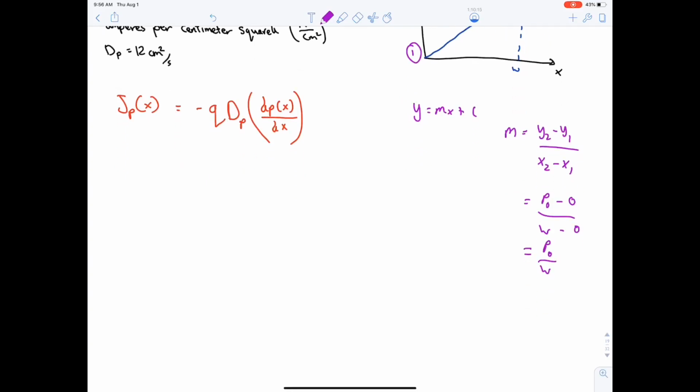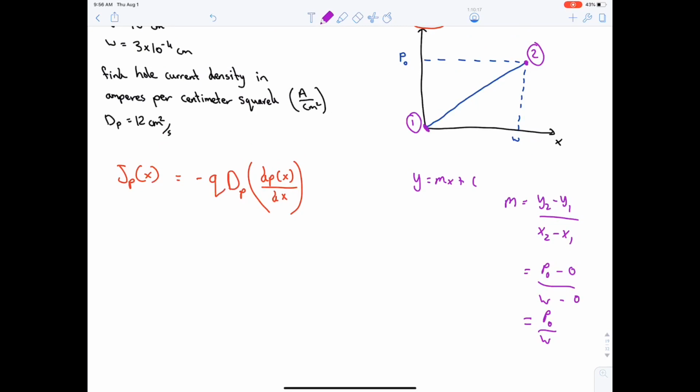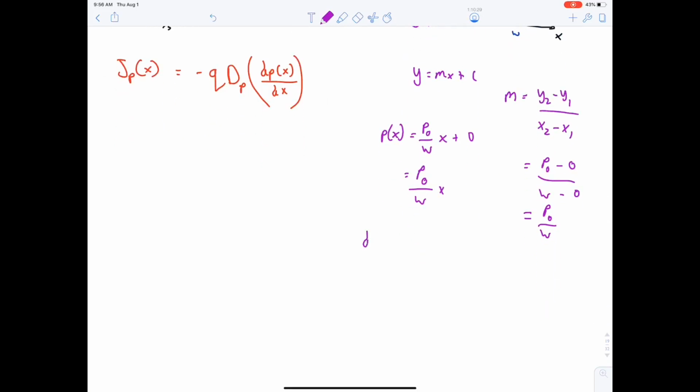This is the slope, and the y-intercept is 0 because it's crossing the y-axis at 0. Hence, p of x is p naught over omega x plus 0, so it will be just p naught over omega x. The derivative of p of x is only p naught over omega. So this is the derivative.